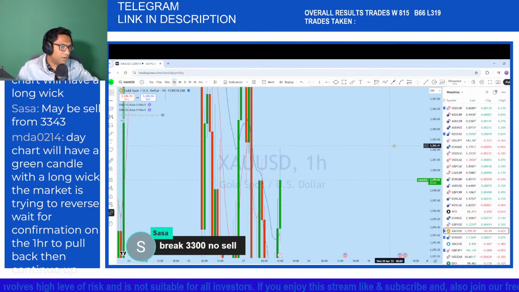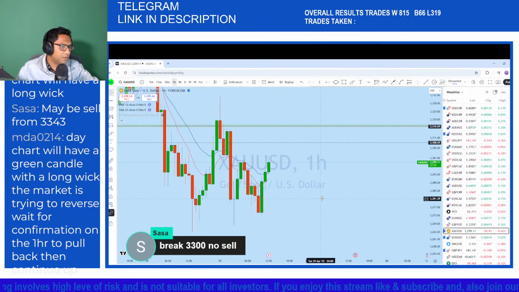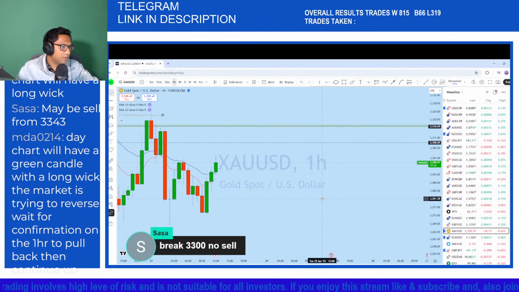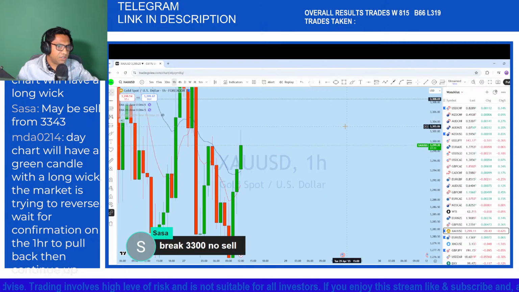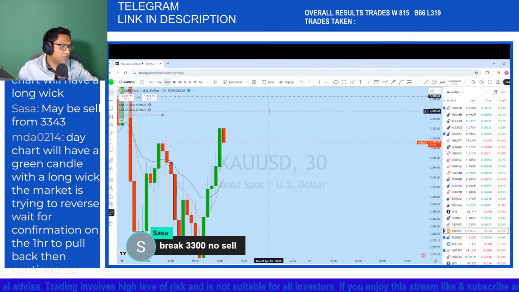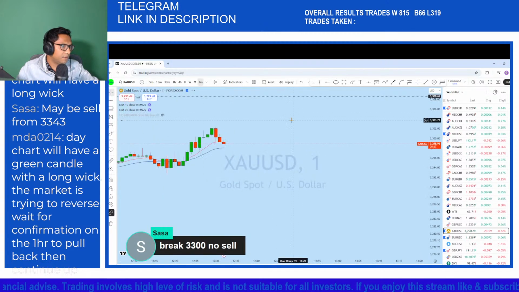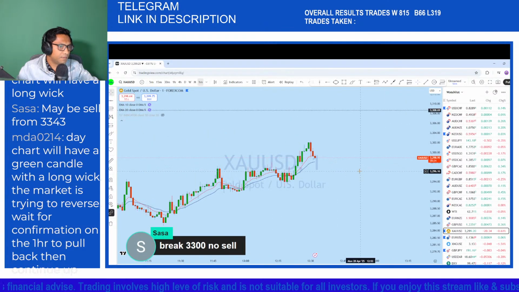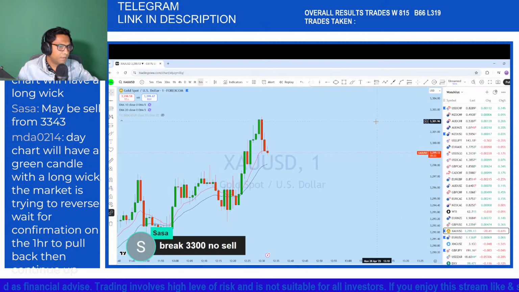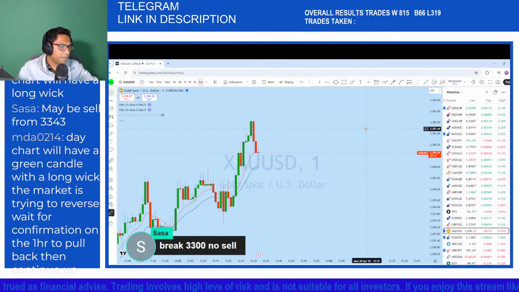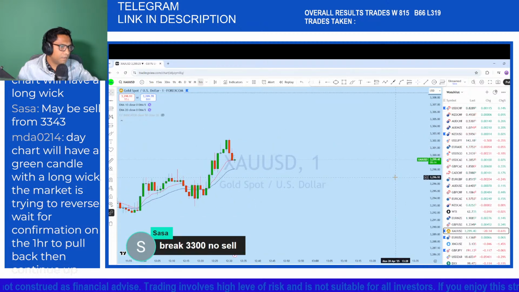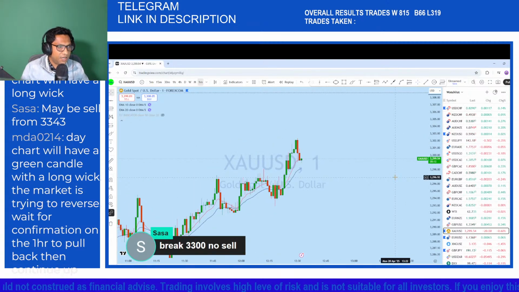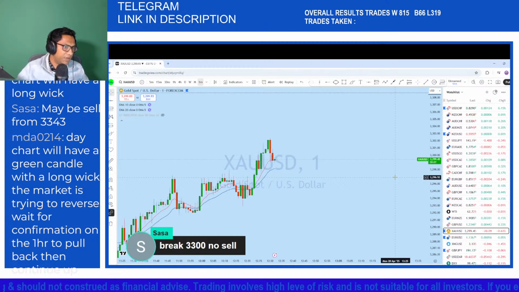Look at the 1 hour. So this 1 hour price action, 30 minutes as well. So here is the 30 minutes price action, and what we can see is that the market is trending in that major direction.